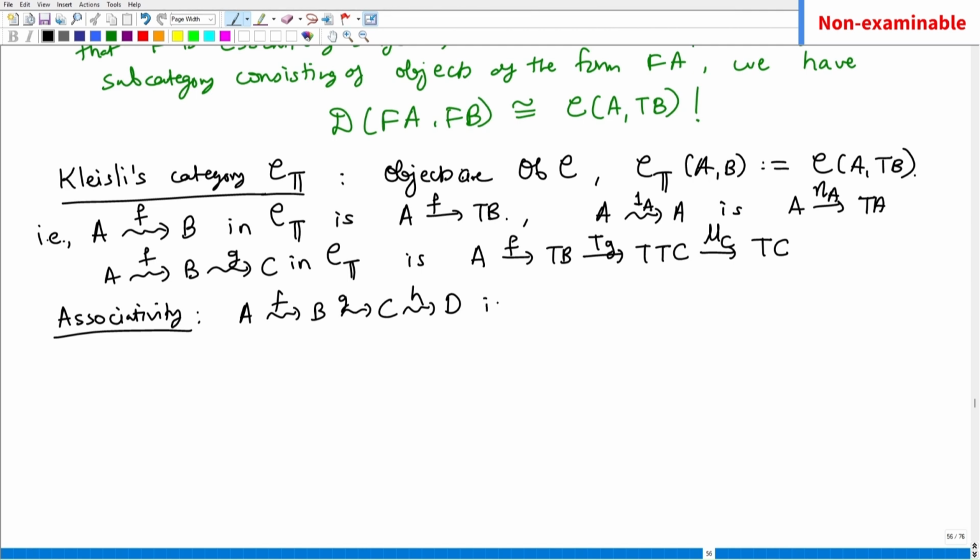You have A to TB, obviously. Perhaps I should specify what I am doing first: I am doing this composition first. A to TB, then TG to TTC, and then mu C.